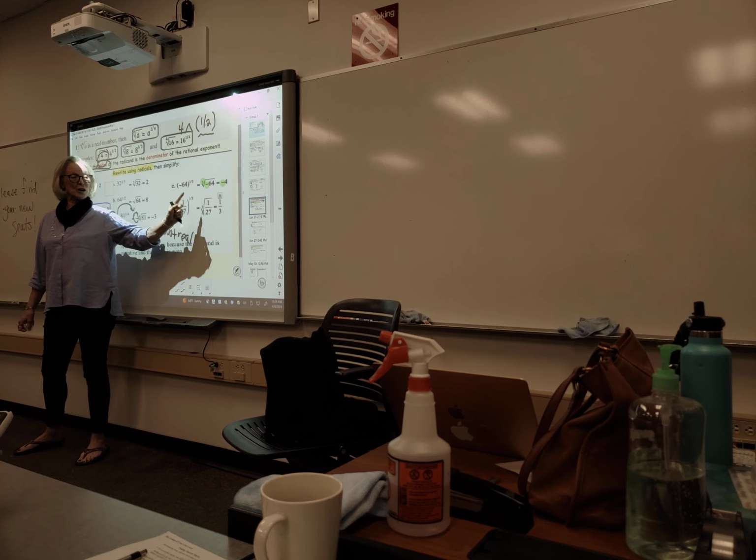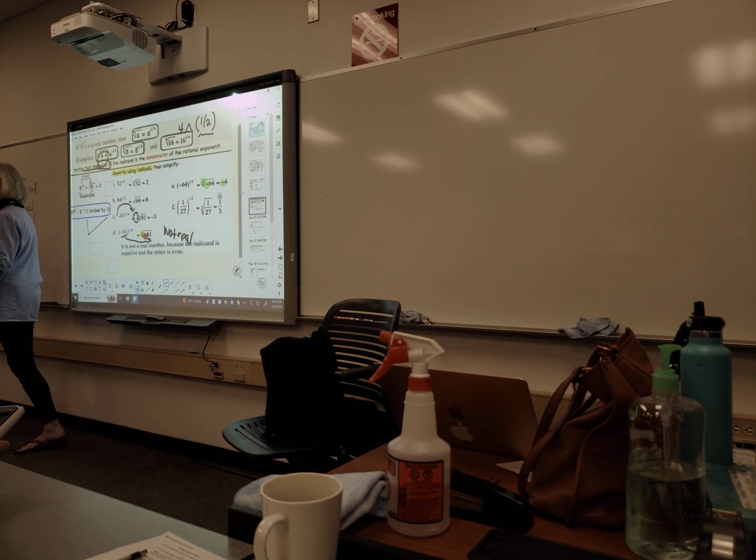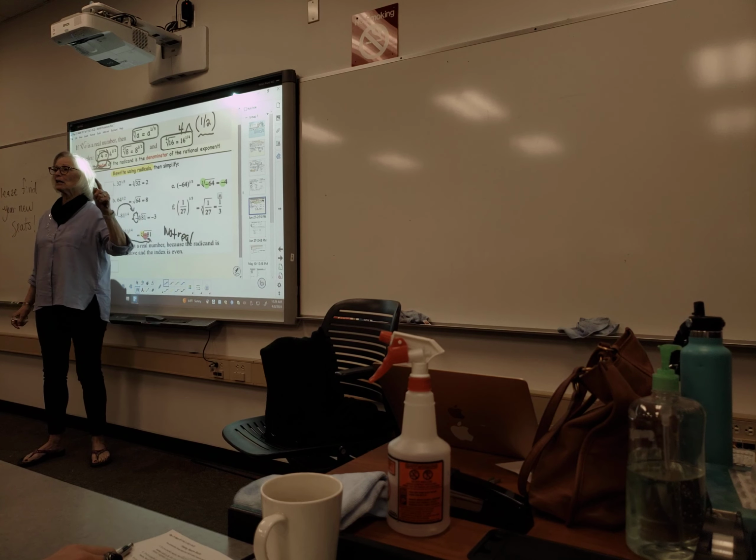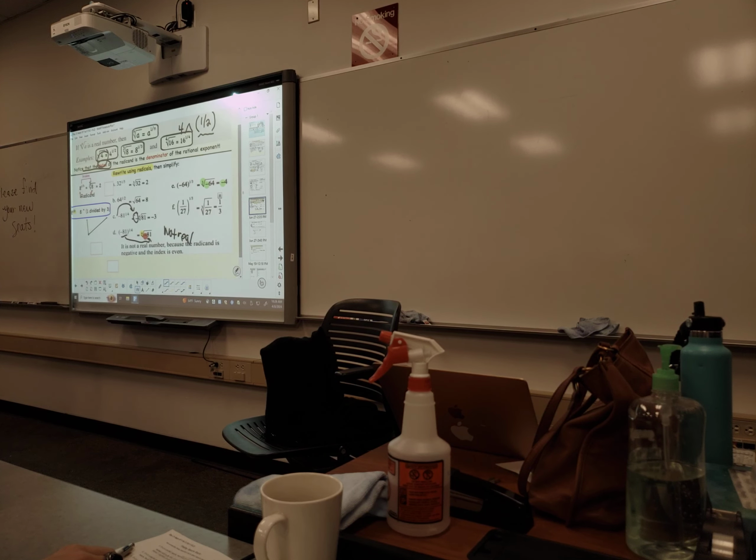Now I want you to try this radical on your calculator and tell me what your calculator says. Is it gonna say point repeating 3s or 1/3? If it says point repeating 3s, because I gave you the problem in fraction land, you gotta convert it back to a fraction.